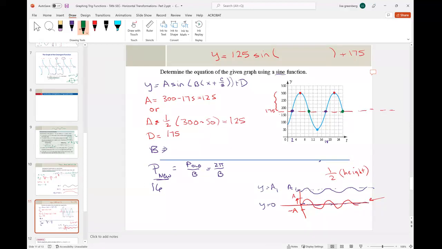So now we have 16 is equal to 2 pi over b. So what does b equal? We're solving for b.